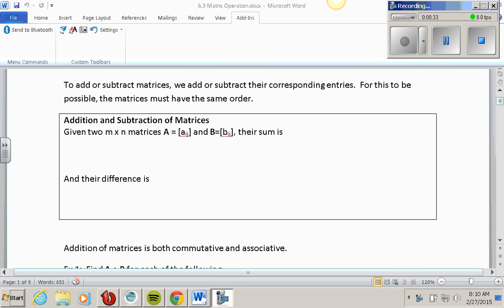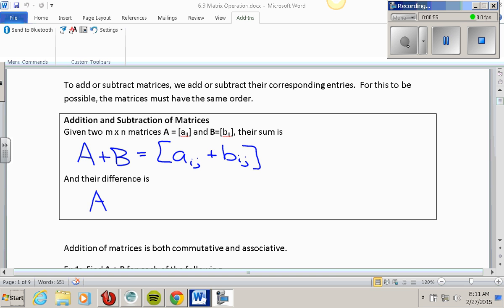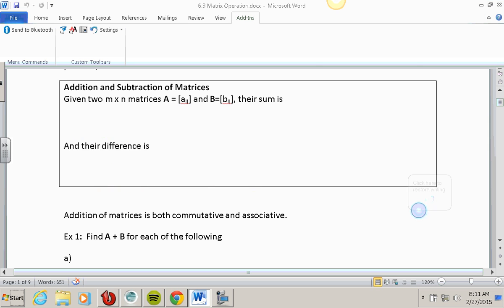So if I have two matrices M by N matrices, their sum is going to be just like that, your difference changes here. I know that it doesn't really make any sense, but once you see how this is done using the matrices, it's much easier. Okay, so let's actually take a look at that, okay?